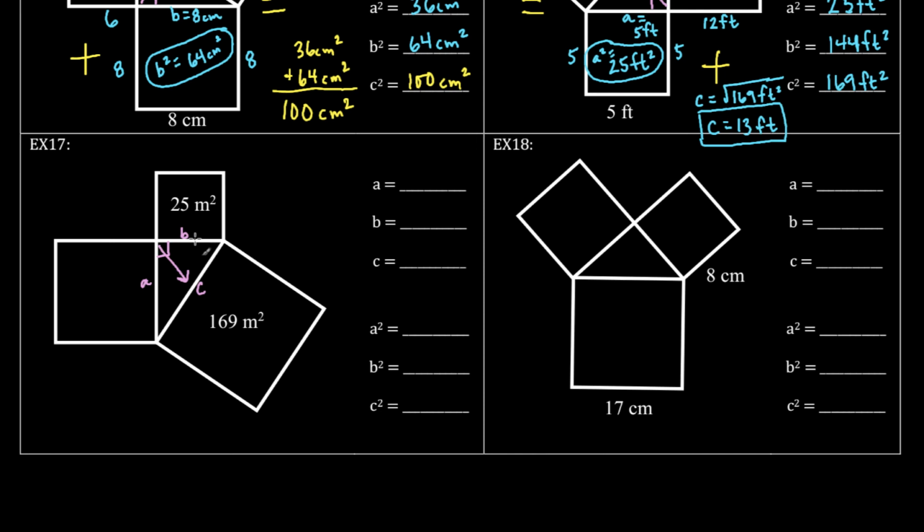So if this is B, that means this is B squared. B squared is 25 meters squared. So that means B is the square root of 25 meters squared, and that means B is 5 meters.